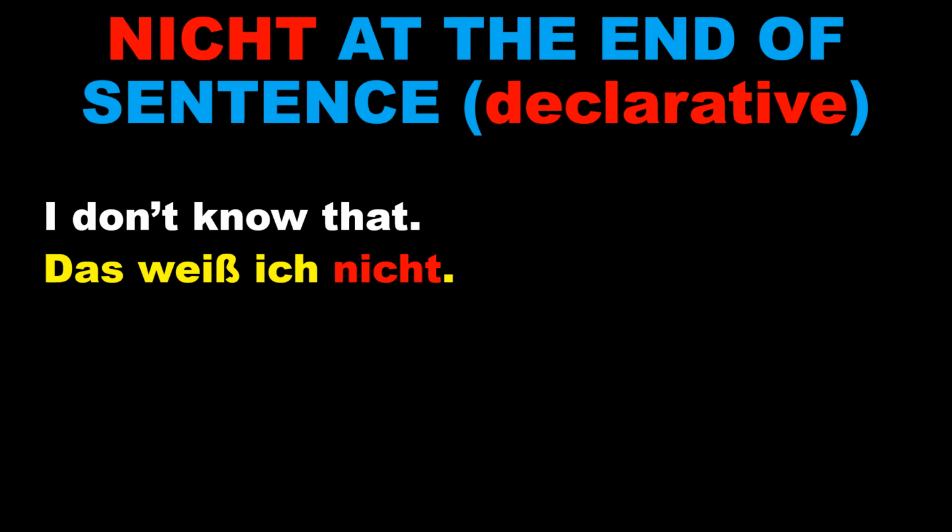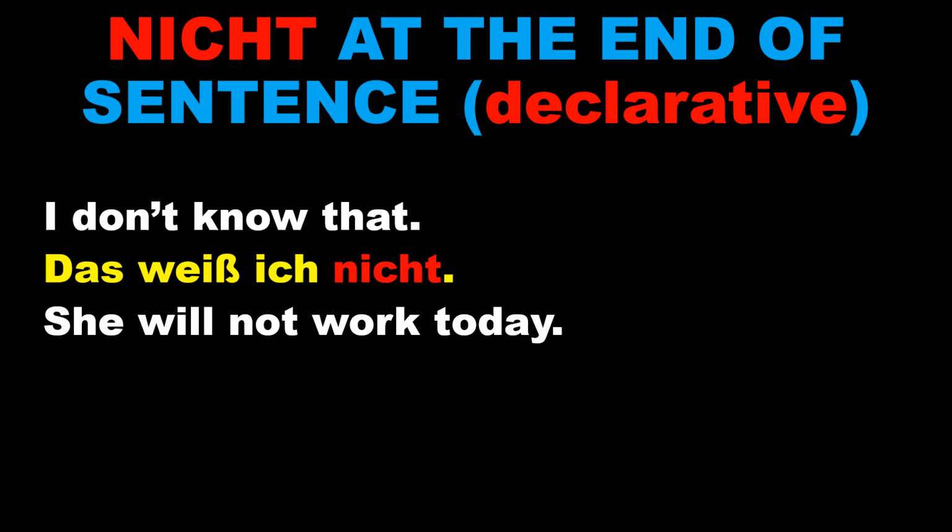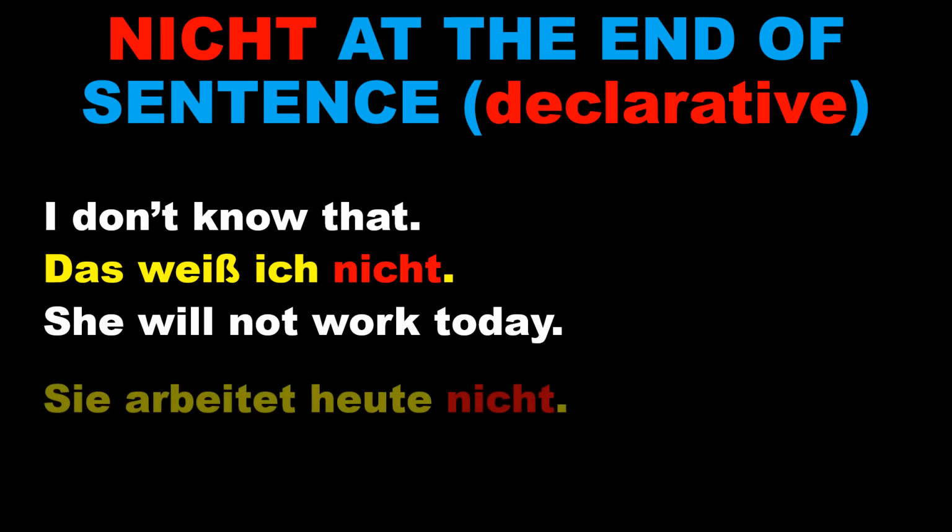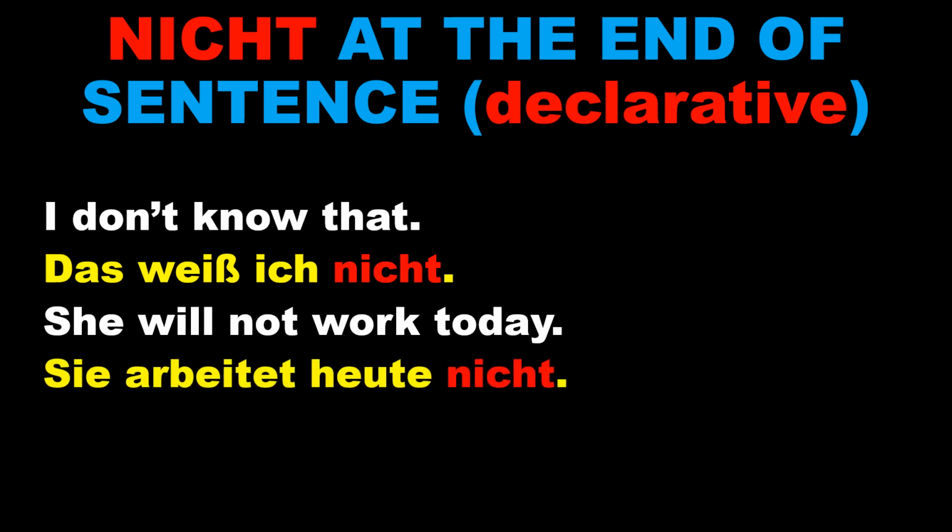Let's take one more example. She will not work today. That is how we will translate it. Sie arbeitet heute nicht. You can see the nature of these two sentences. They are declarative. So that is how we will use nicht in declarative forms. Let's go ahead.